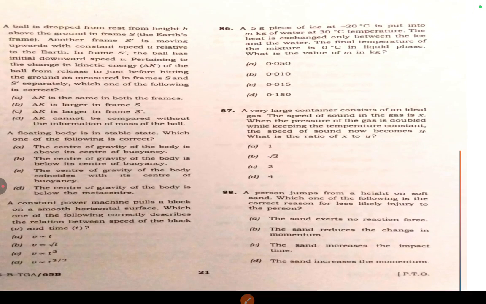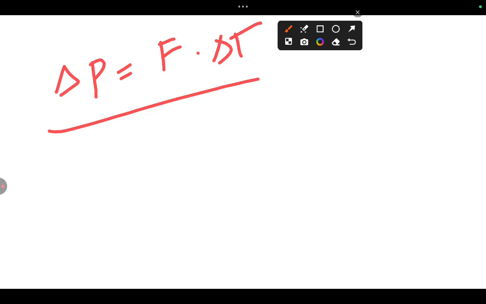So for 88, you will go with the impulse formula. According to the impulse-momentum theorem, you know very well, the change in momentum delta p is equal to average force multiplied by impact time. So this is about impulse.